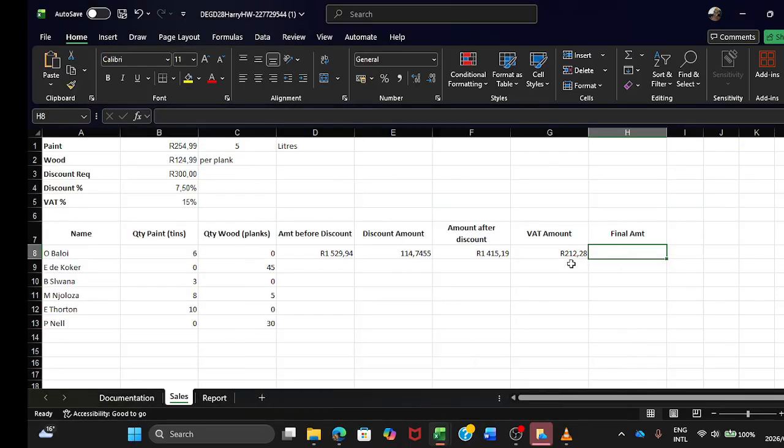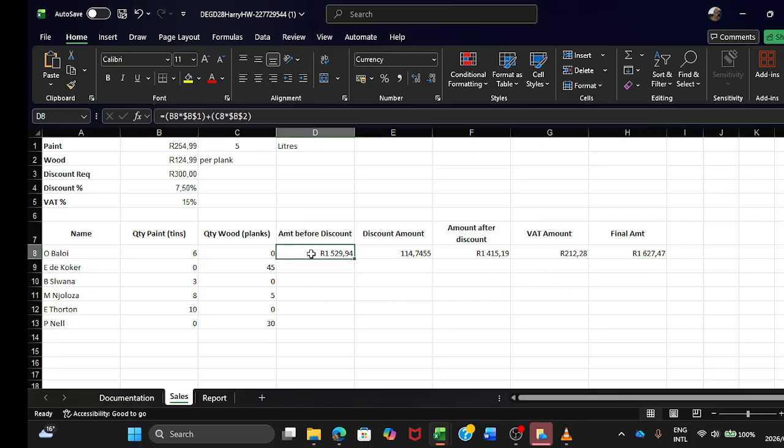I say let's subtract. No, when you buy something, you actually add the VAT. You see, like when you go to a spa or anything like that, you have to add the VAT, right? Yeah, then we're gonna have to add the VAT. Then we're gonna get this amount.